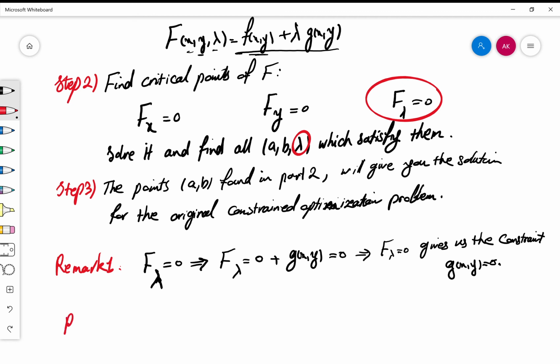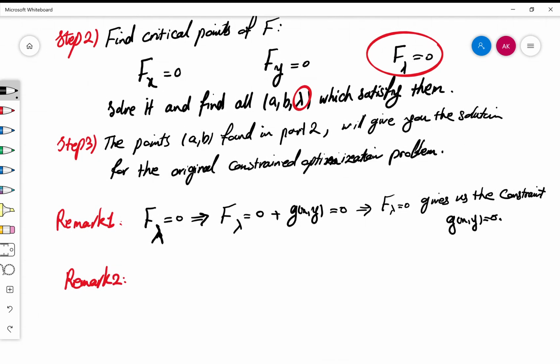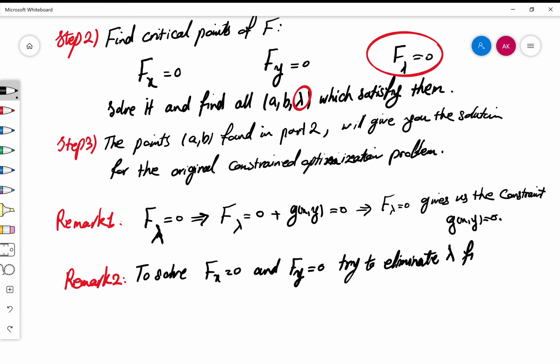Remark 2: although at the end we don't need lambda, to solve the equations f_x equal to 0 and f_y equal to 0, try to eliminate lambda first.